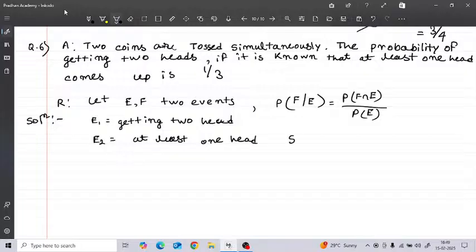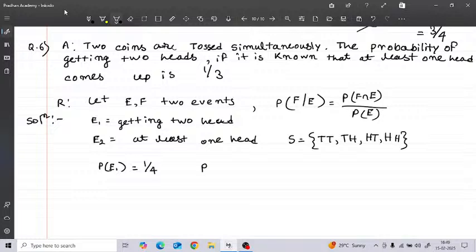Now my sample space is TT, TH, HH. So my probability of E1, getting two heads, is nothing but 1 by 4, as there is only one case, HH. And probability of E2, at least one head, is 3 by 4.